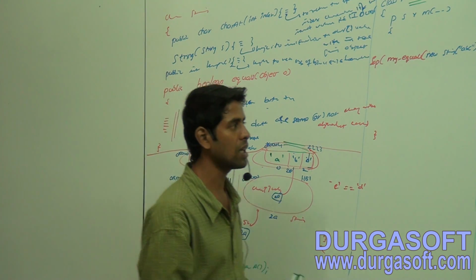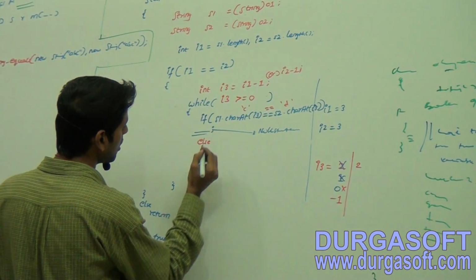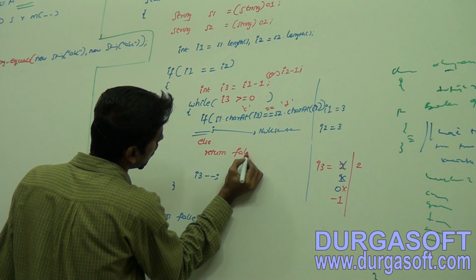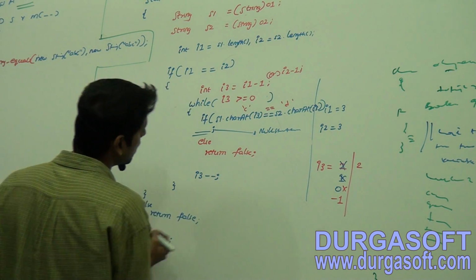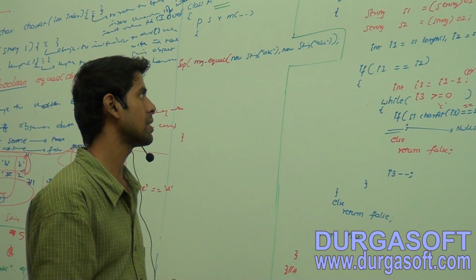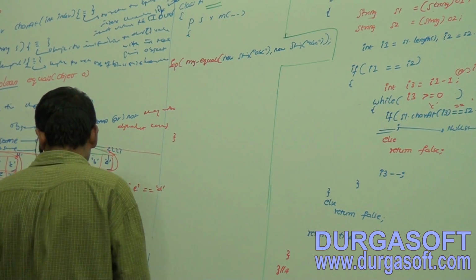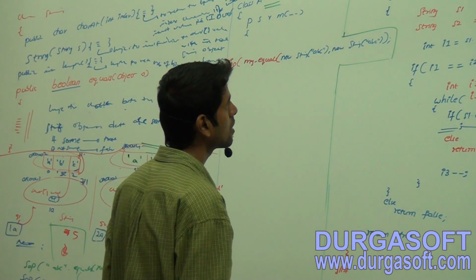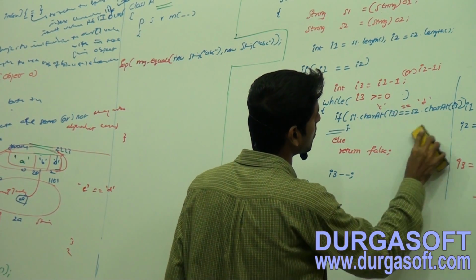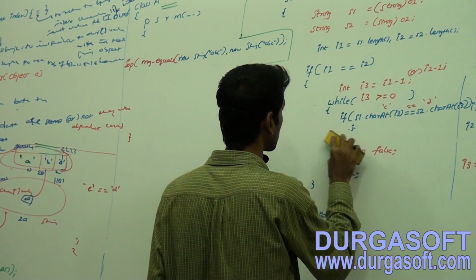So let me take else, and directly put here return false. That's it, friends. Return false. It will work for all the cases. So this is what? A null statement.